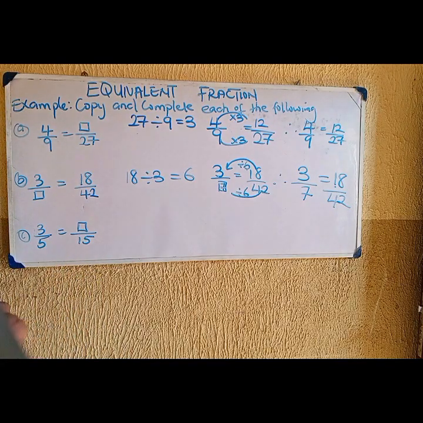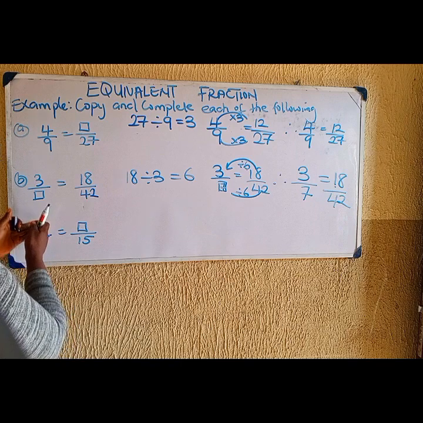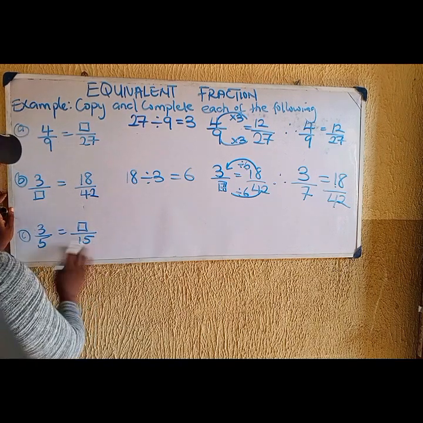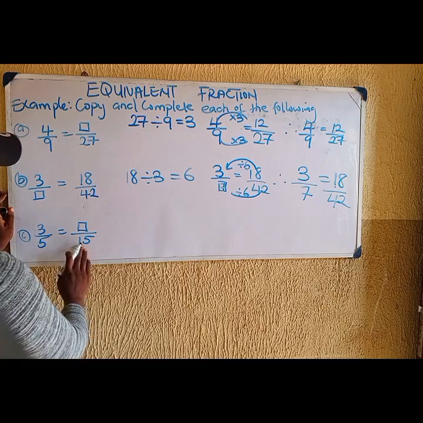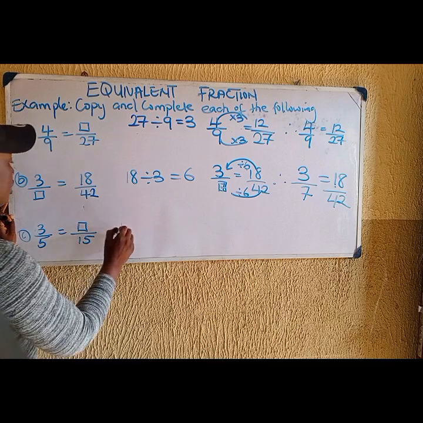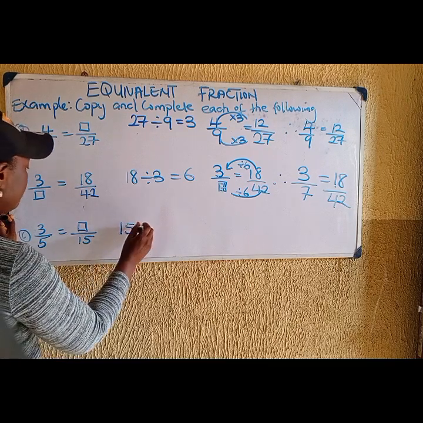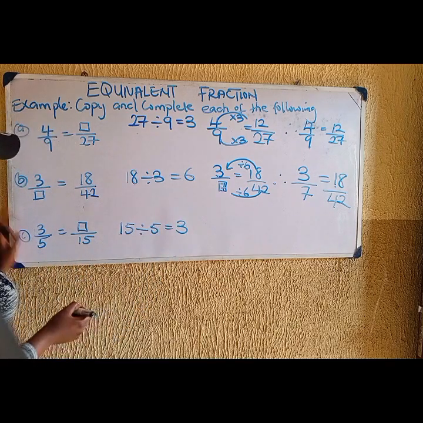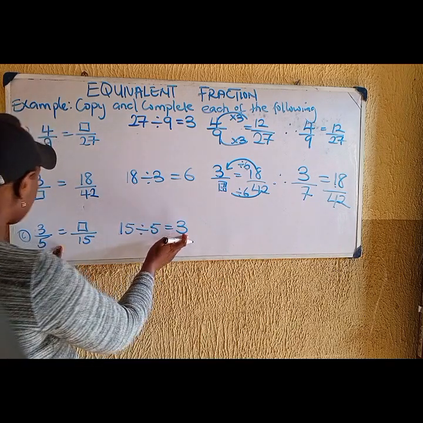Now coming to the third one, we are given 3 over 5 equal to box over 15. So the complete one is the denominator. So we are going to divide the second denominator by the first denominator, which is 15 divided by 5, and that will give us 3. Now 3 is the multiplier.